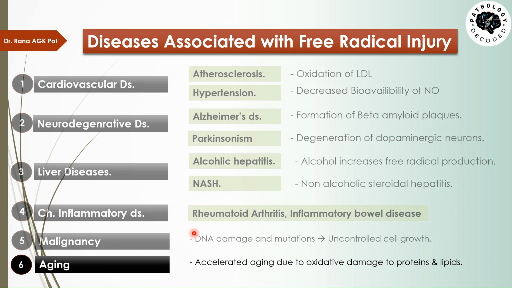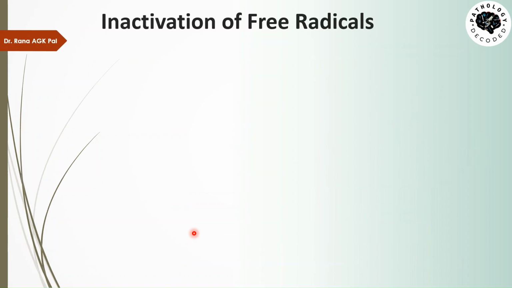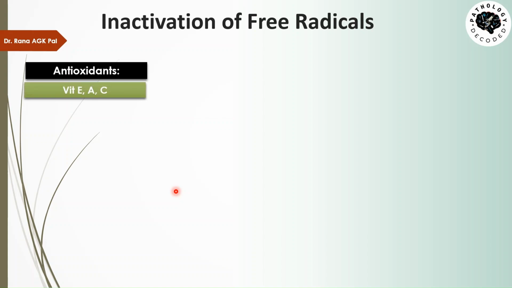Since the free radicals are so damaging to the body and so harmful, if they become uncontrolled or are produced in large number, there should be a mechanism in the body which can cause inactivation of these free radicals. So how are these free radicals inactivated in our body? One is the presence of antioxidants.